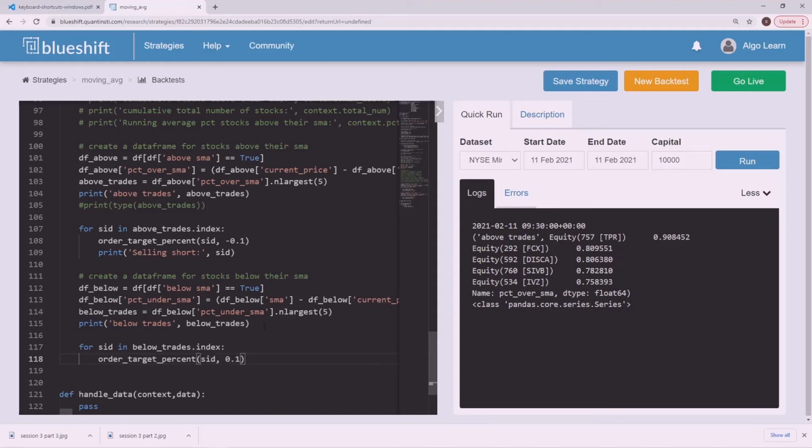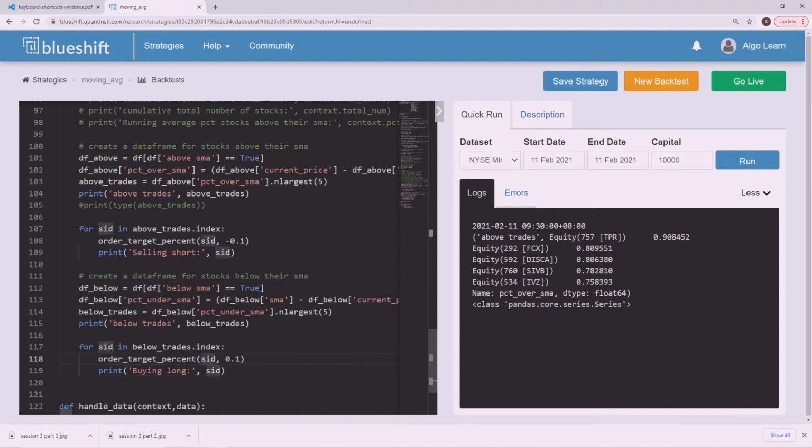No negative sign because we're not selling short, we're actually buying long. So all you have to do is remove the negative sign, and that tells the engine that we are buying long. And so we will print buying long and SID.